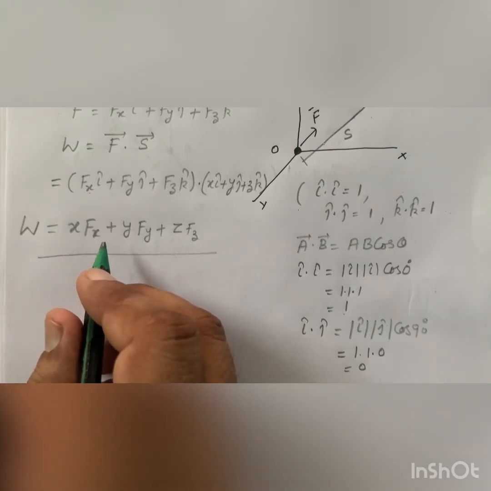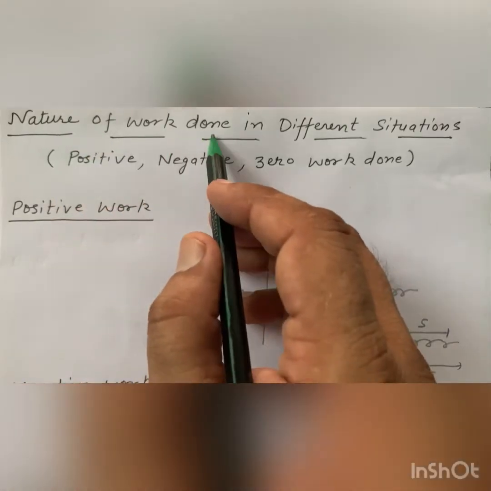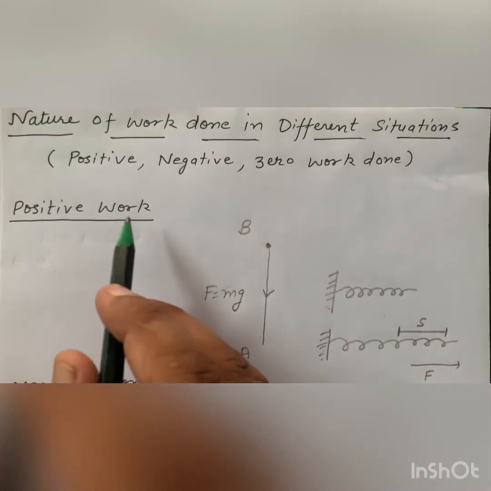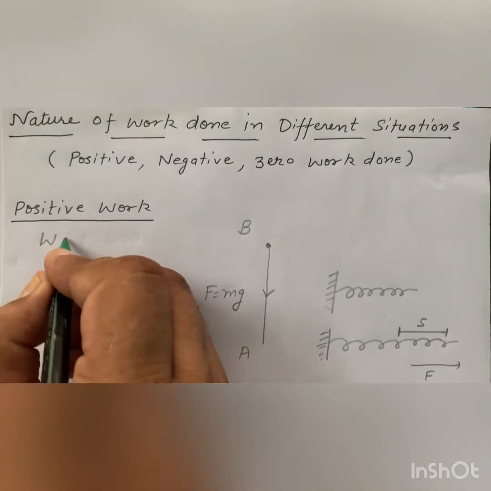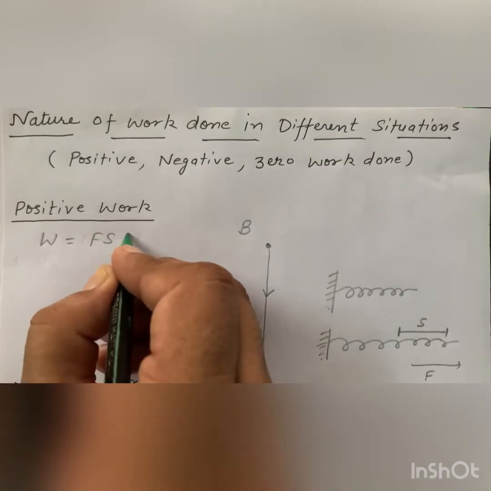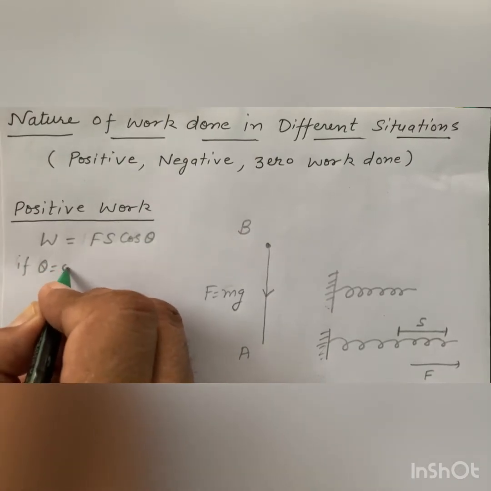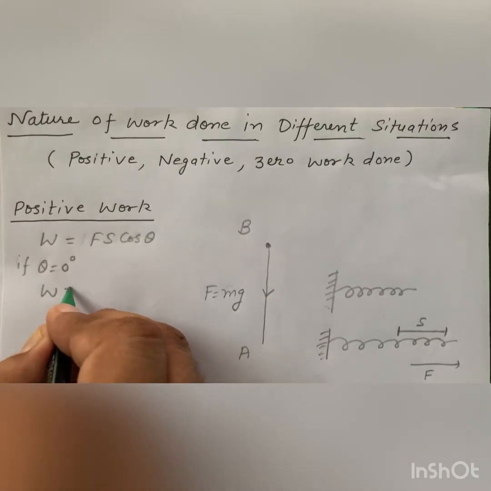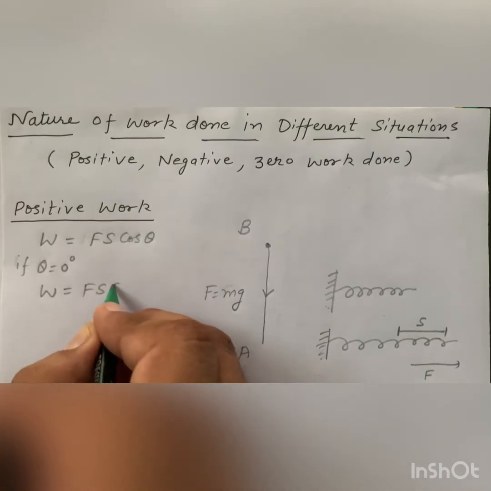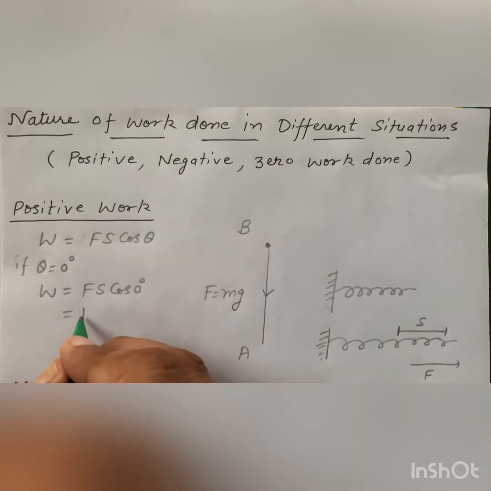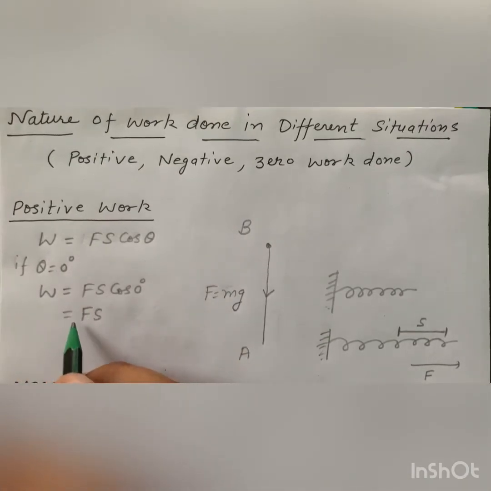Nature of work done in different situations: positive, negative, zero work done. Positive work done. We know that work done is equal to Fs cos of theta. If theta is 0 degree, we have work done equal to Fs cos of 0 degree. We know that cos 0 is 1, so we have Fs. We get the positive work done. It means force and displacement are in the same direction.